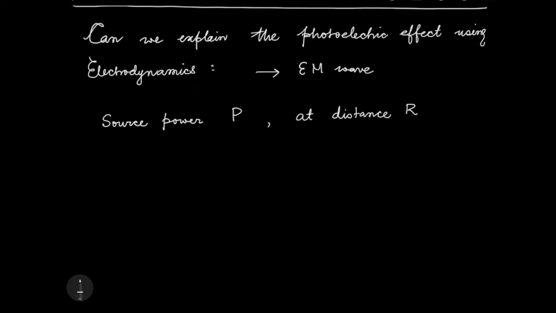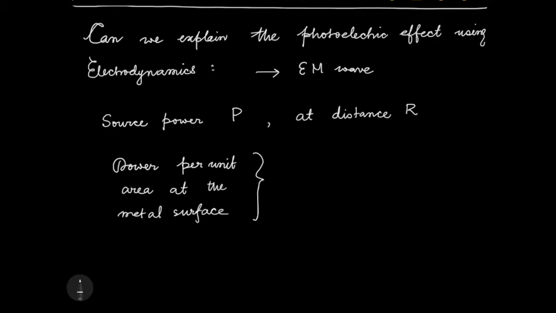Okay, so how much light, so power, and this is emitting isotropically, so power per unit area at the metal surface, how much will it be?